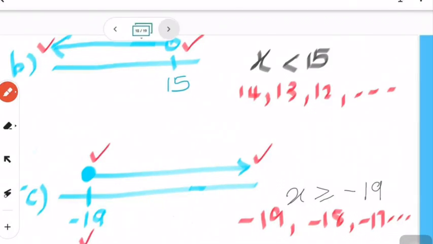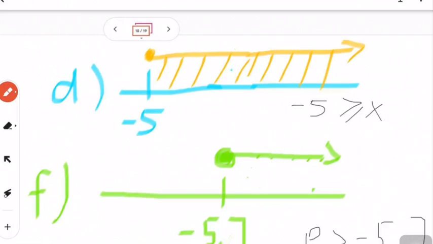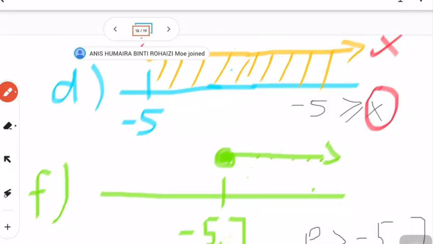Okay, tengok page 18. Okay, you ada equal sign sini. Shade elok-elok. Okay, arrow pun betul. Negative 5 is greater than or equal to X. Betul ke tak ni? X duduk belah mana? X kecil kan? You boleh terbalikkan dia. Jadi kita guna apa? Converse.